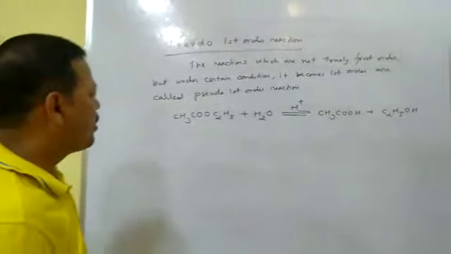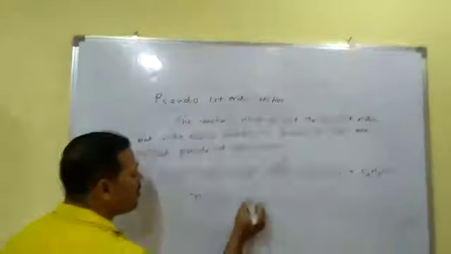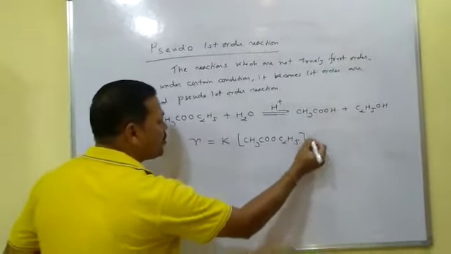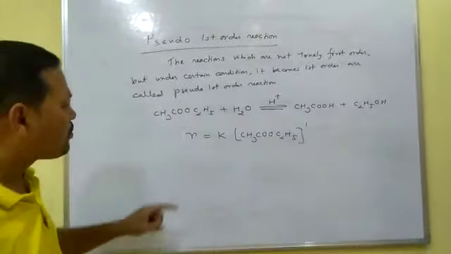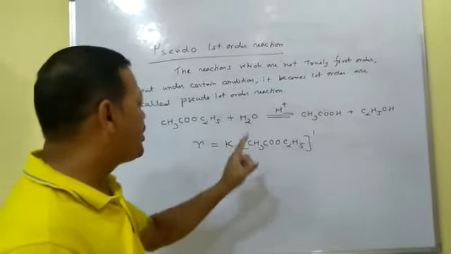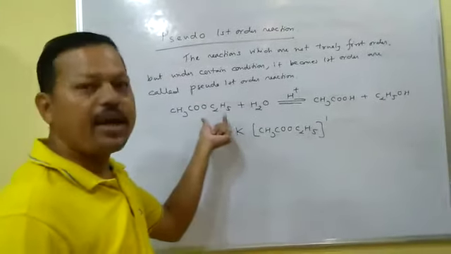In this reaction, when you express the rate of reaction, R is equal to K concentration of CH3COOC2H5 to the power 1. Here, although there are two reactants, one is ester, one is water, the rate of reaction mainly depends on the concentration of ester only.